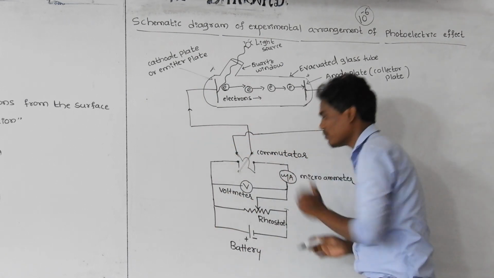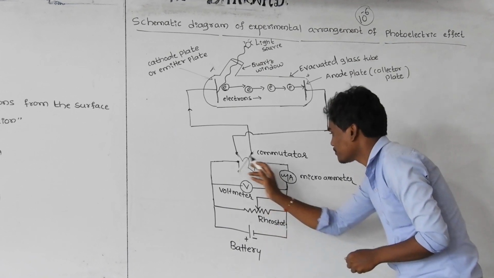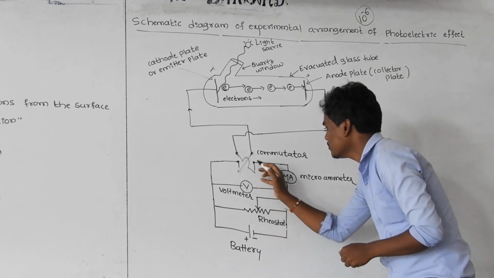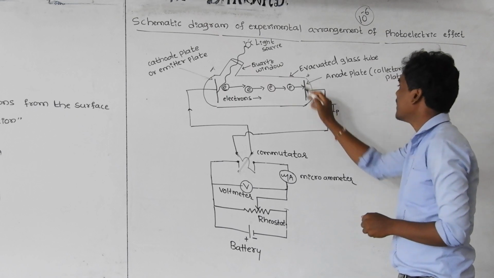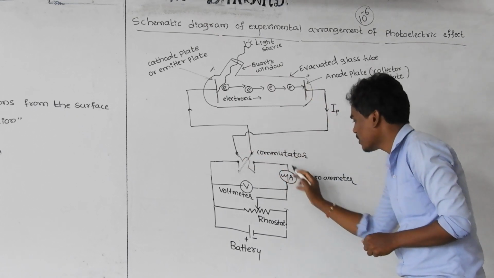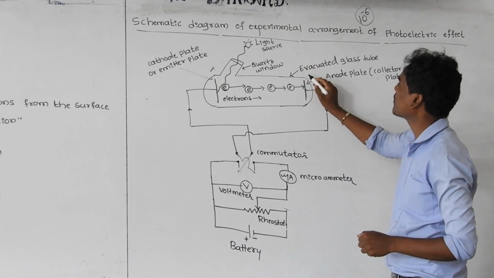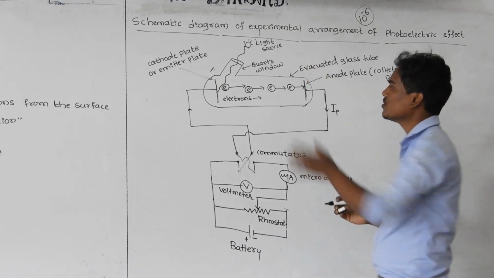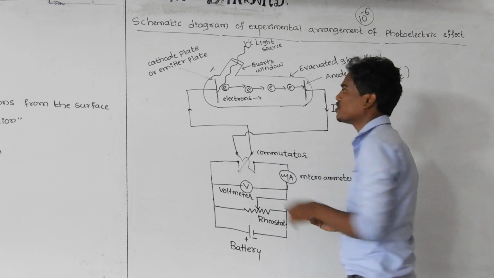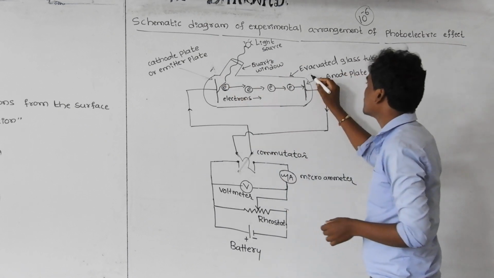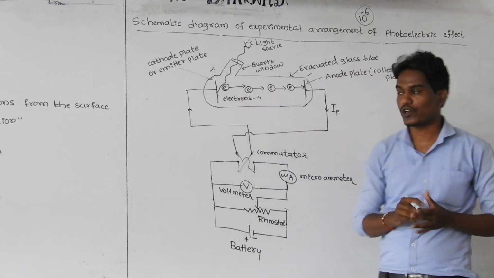The positive terminal, and the anode plate is connected to the negative terminal. So this plate becomes positive potential and this plate becomes negative potential.